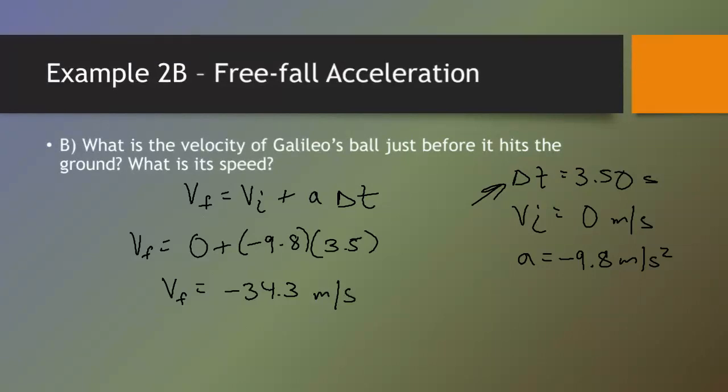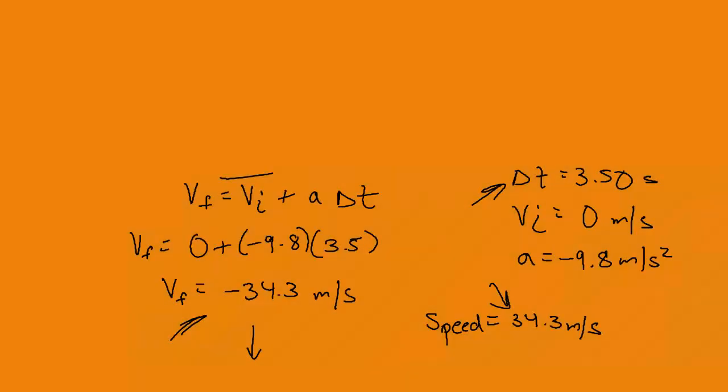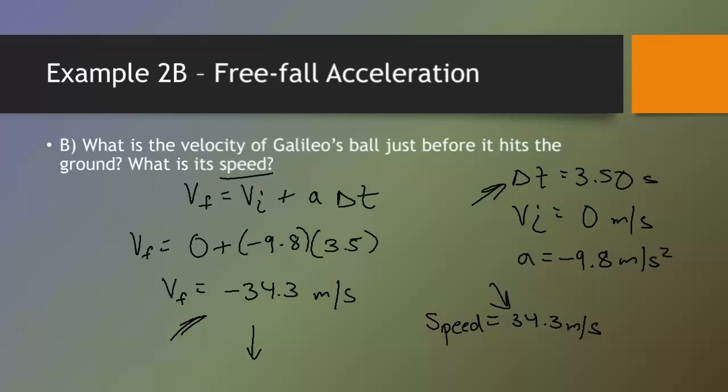Negative 34.3 meters per second implies that it's 34.3 meters per second downward as it's falling. The speed does not include the direction, so the speed is just 34.3 meters per second. This is how fast it's going. The velocity is how fast it's going and in which direction it's traveling. That's the difference between the two answers.